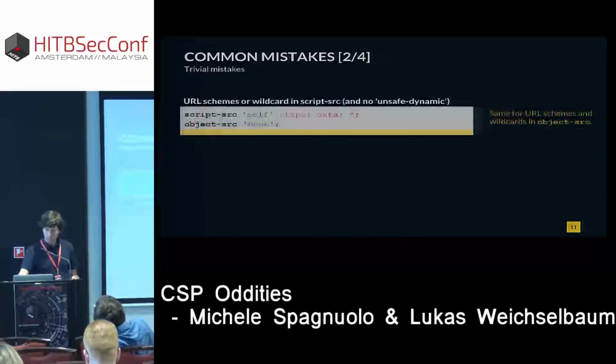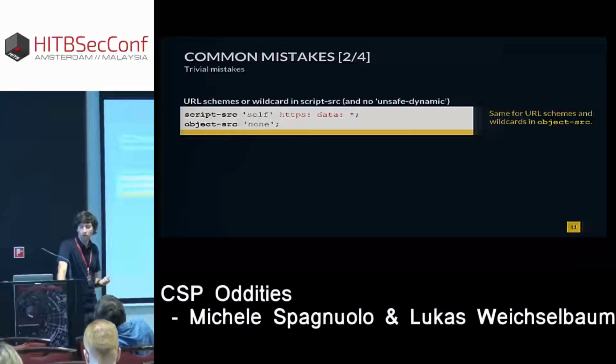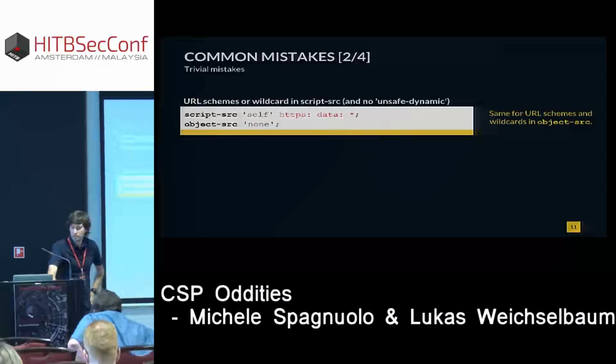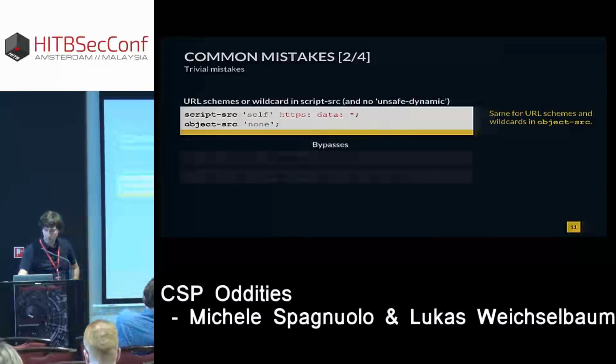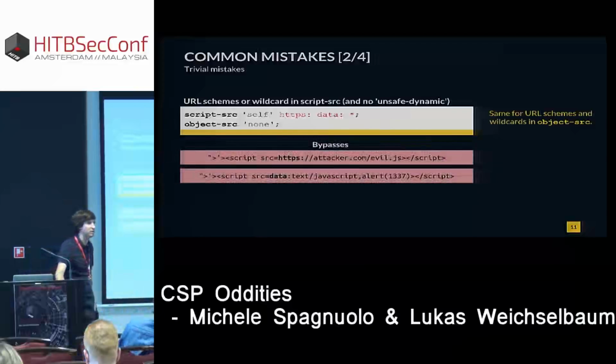Maybe a bit more interesting, but still very trivial. We saw it quite often that people just whitelist URL schemes or star, right? So basically you can, again, do almost everything. It's just a bit more complicated.